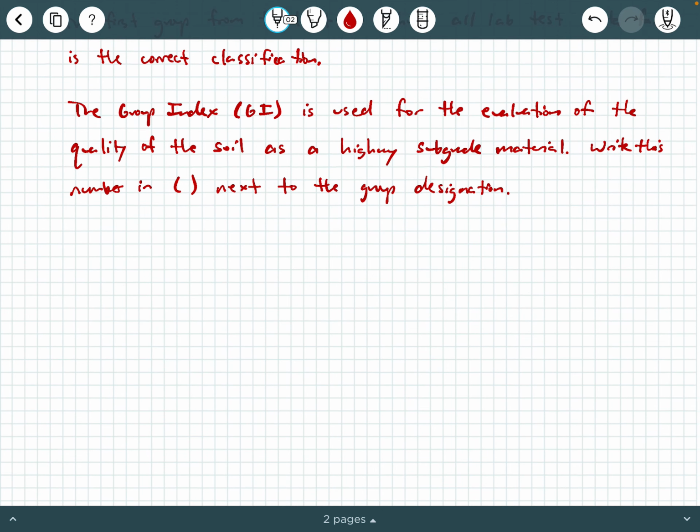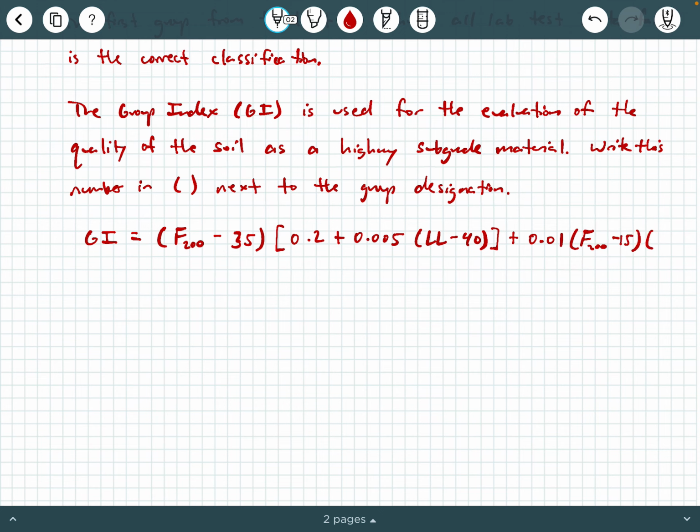All right. Now, how do we calculate the GI? Well, it's got a nice long equation. We're going to say the GI is calculated as the percent finer than 200 minus 35. And then we're going to open a bracket here, and we're going to say 0.2 plus 0.005 times the liquid limit minus 40, and then close off that bracket, plus 0.01 times F200 minus 15 times the plasticity index minus 10.